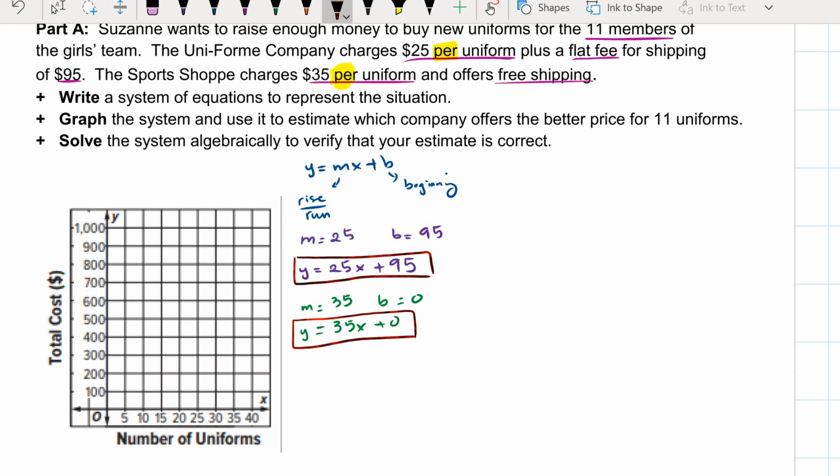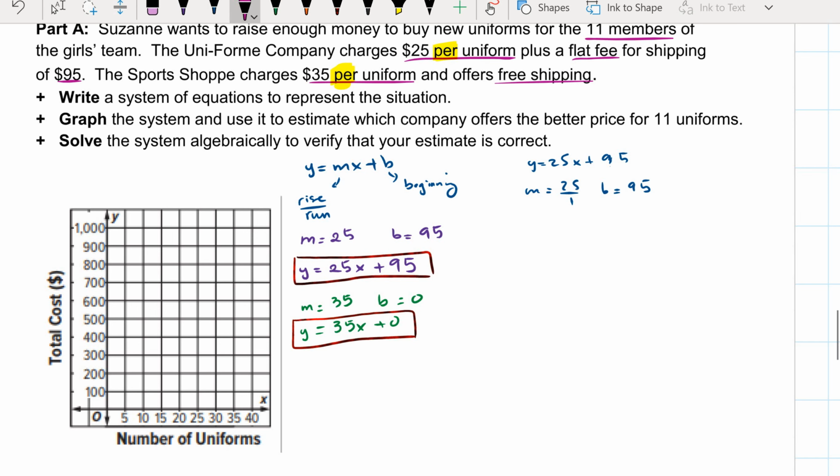To graph the first one, y equals 25x plus 95, we know the slope is 25 over 1 and b is 95, so our starting point is 95. Our first point is not exactly at 100, which means you have to estimate the solution after we graph this, because it's not going to cross exactly at the grid.